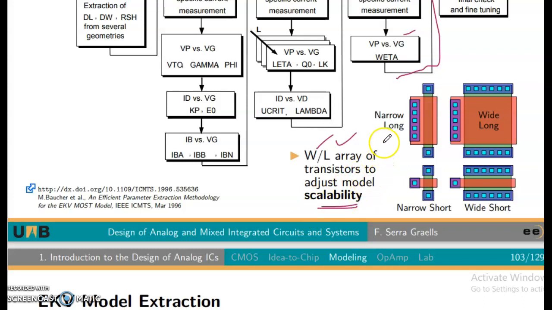What does this mean? W array of transistors adjusts the model scalability. Narrow short, wide short, wide long, narrow long.